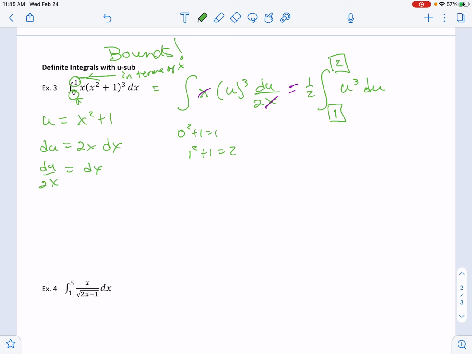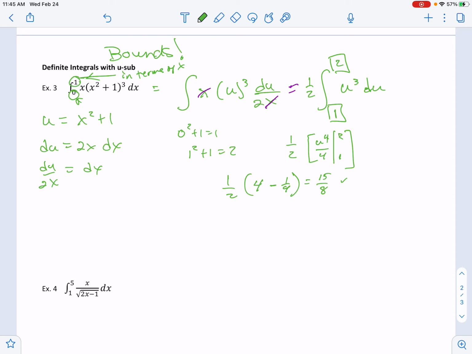Now, take the antiderivative, so u to the 4th over 4, and I'm going to evaluate it from 1 to 2. So I have 1/2 times 2 to the 4th is 16 over 4, which is 4, minus 1/4, and you get 15 over 8. I'm pretty quick that way.